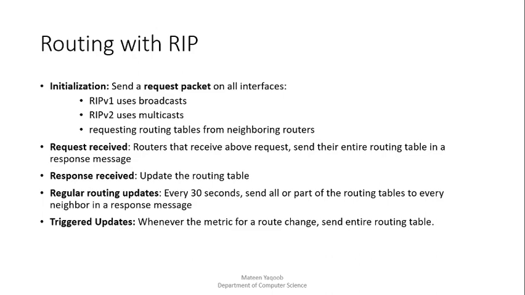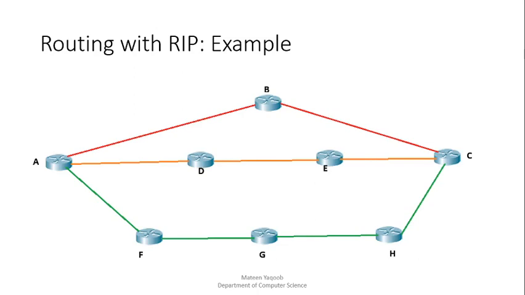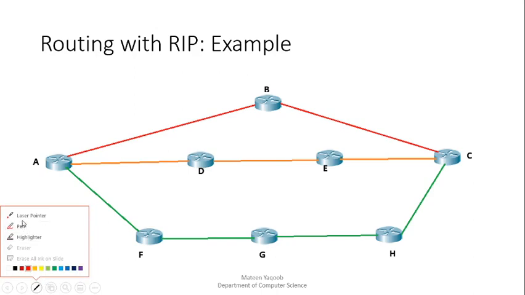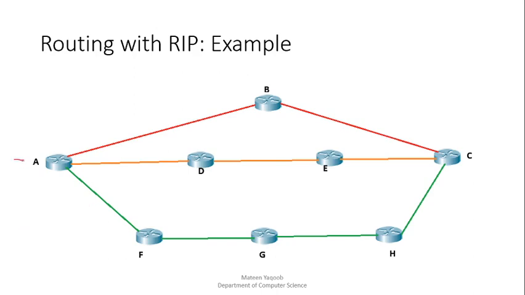Let's see through an example now how the routing will be done in this case. We have 8 routers from A to H, and our source router is A. A packet will be sent from A, and our destination is C. So we will choose the best route among the available paths.